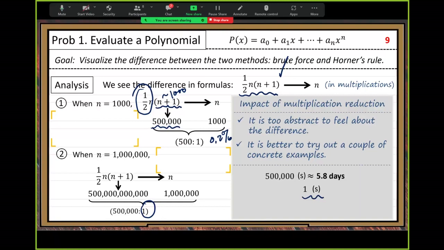So from this example, I want to make a point. Between a good algorithm and a bad algorithm, the difference is huge. And we want to choose the best algorithm we can find.